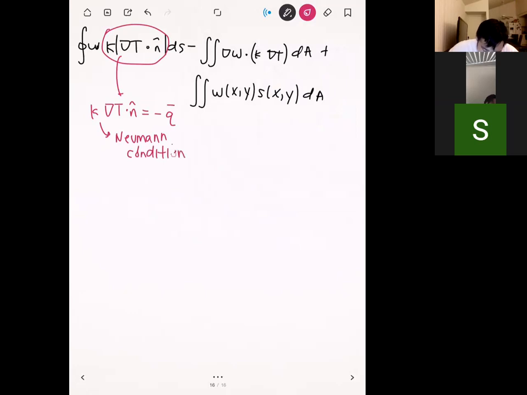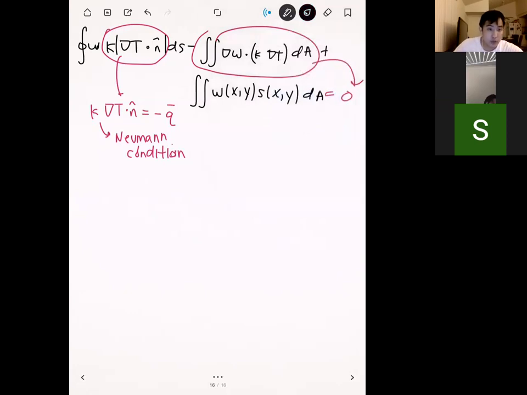Because that's how we defined our Neumann condition before. And if we take this term, all of this is equal to 0, by the way, and move it to the other side of the equation, we can arrive at the weak form for our 2D heat conduction.